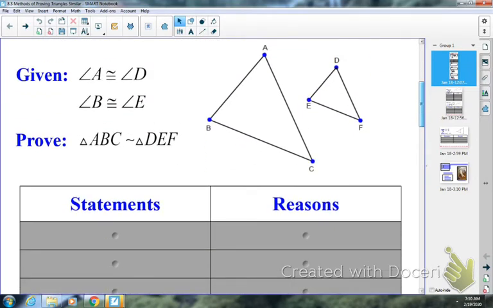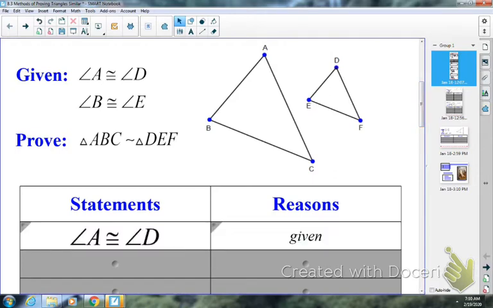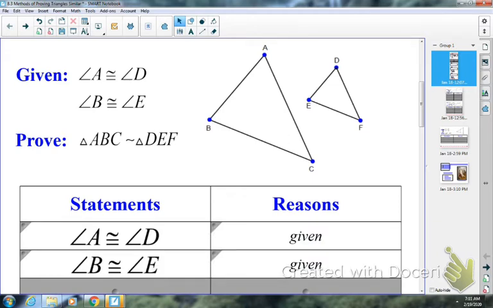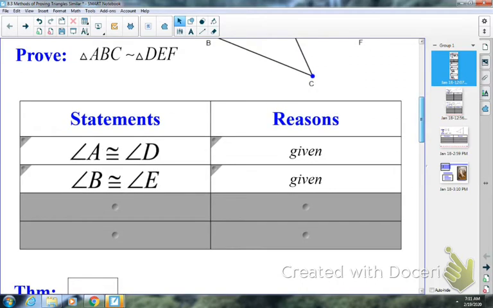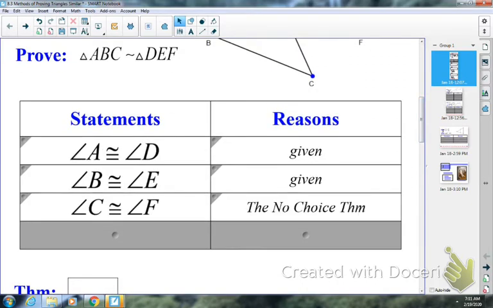So in this example here, we have angle A congruent to angle D, that's given, and angle B congruent to angle E, that's given as well. So because of that, our no choice theorem says that angle C would be congruent to angle F. Because again, if two angles of a triangle are congruent to two angles of another triangle, then the third pair of angles has to be congruent.